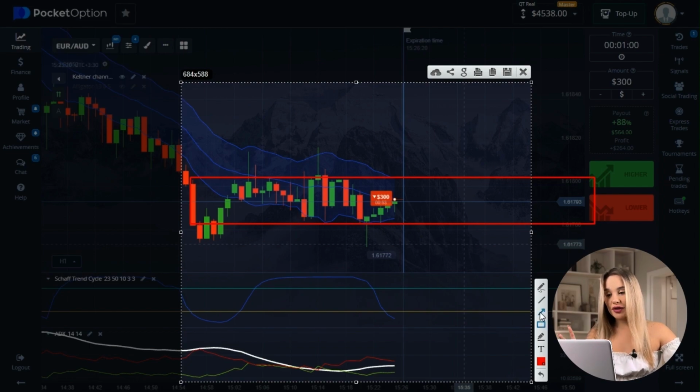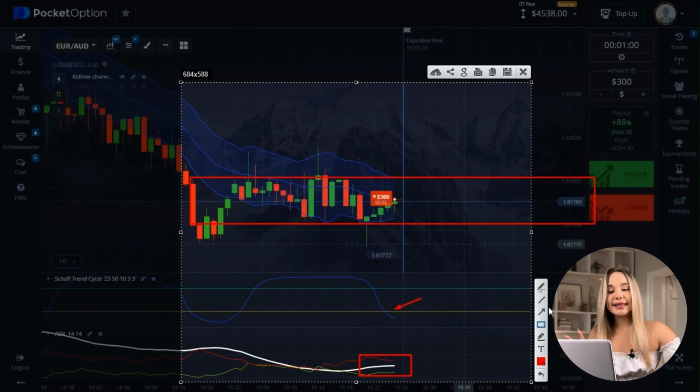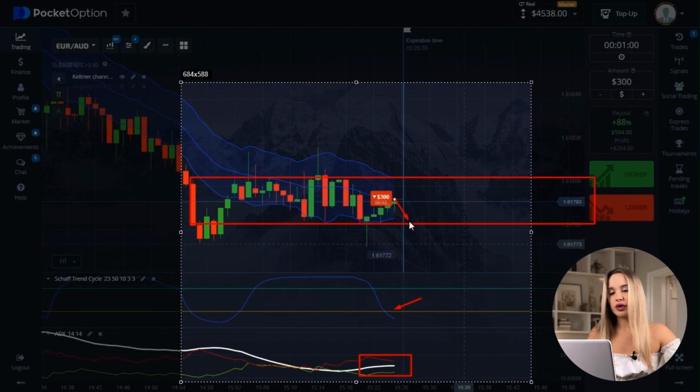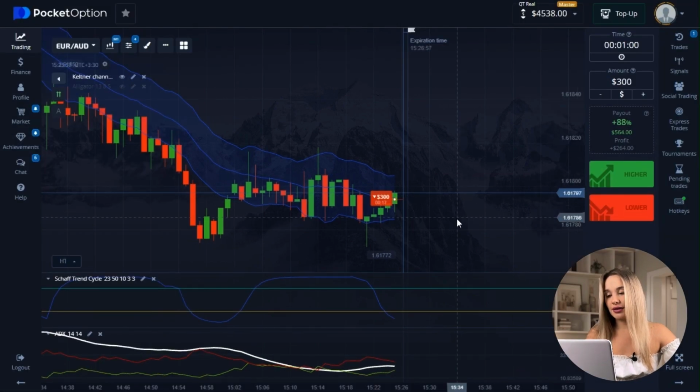So the Schaff trend cycle curve has just entered the oversold zone, but ADX shows terribly low volatility right now. Well, we're seeing a clear sideways movement. Therefore, I believe entering a downward trade from the Keltner channel's middle line will be a smart move, expecting the price to drop to the support level.